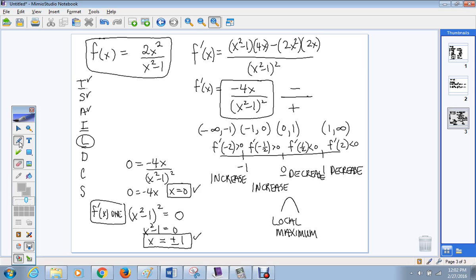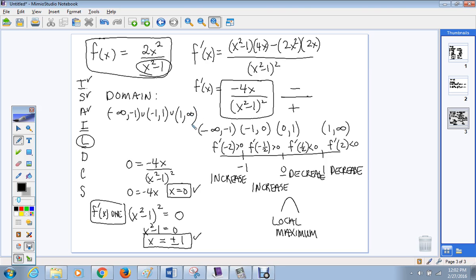So our domain, we would have to eliminate the values 1 and negative 1 because those values would make the denominator equal 0. So our domain would be from negative infinity to negative 1, and then negative 1 to 1, and then to eliminate 1, we'd go from 1 to infinity.